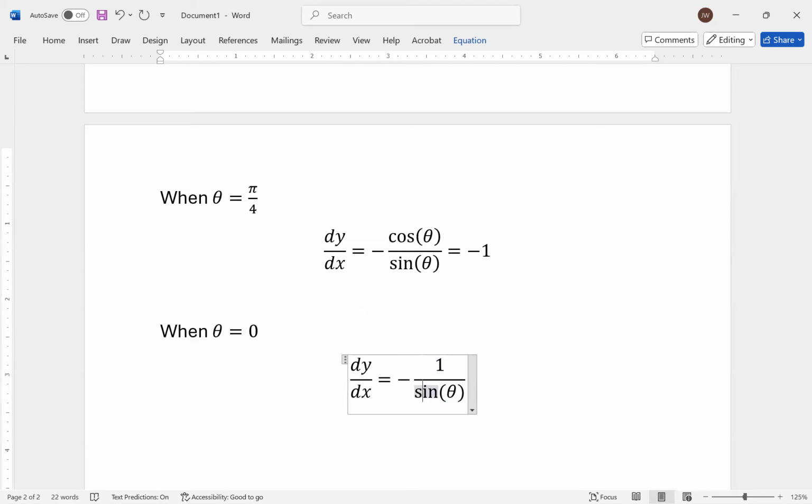Sine of 0 is 0. So we get this, which is obviously undefined. So we get an undefined tangent when theta equals 0. And this means we're going to get a vertical tangent, essentially.